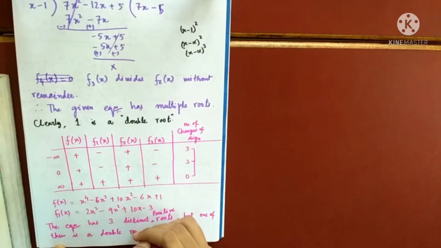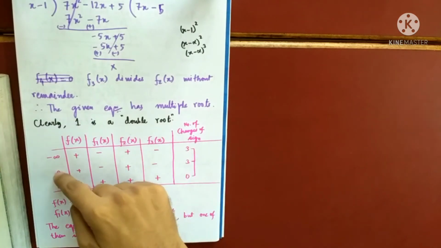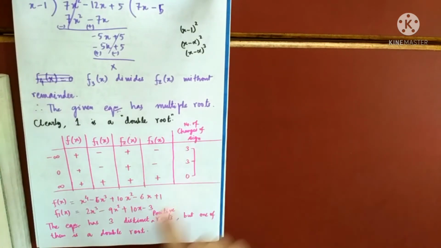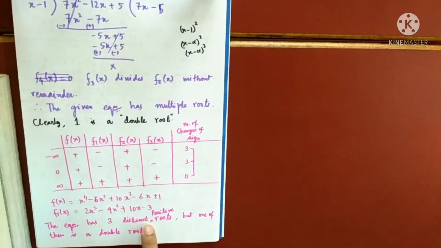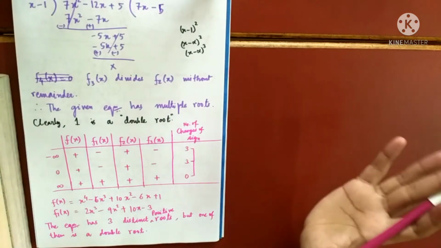My point is this: as written in the statement of the theorem, for equal roots we will not count. Sturm's theory is not counting 1 twice. See, 1 lies in this interval. It is just counting 1 once only, because distinct. But beforehand, I know that 1 is a double root. So how many roots are there? There are altogether 4 roots.